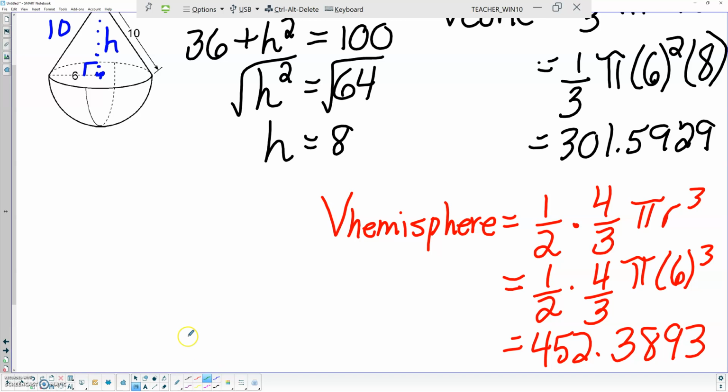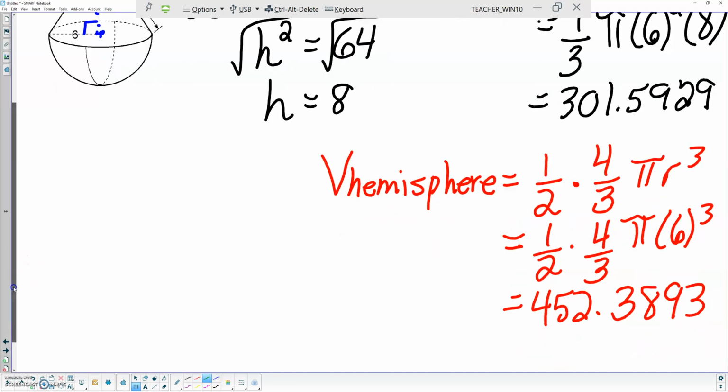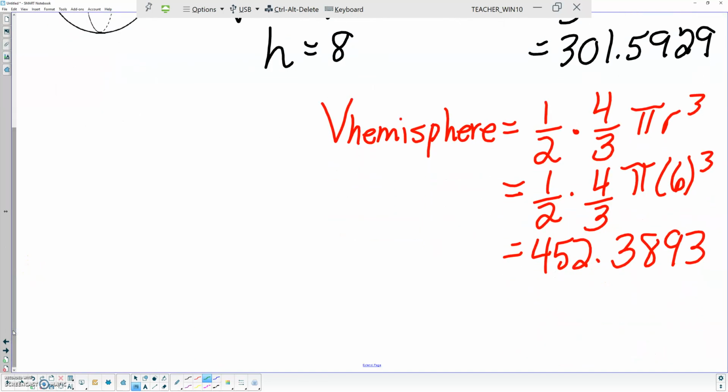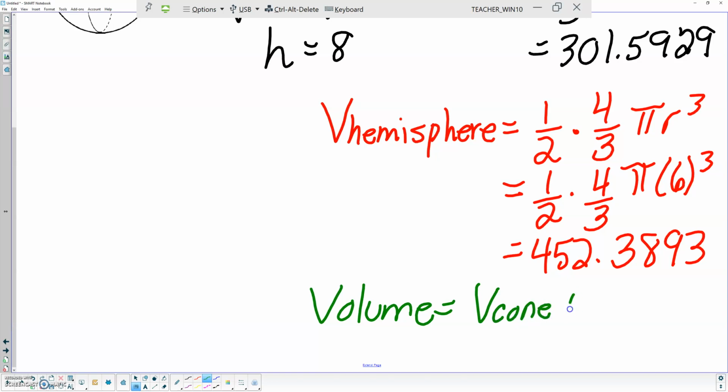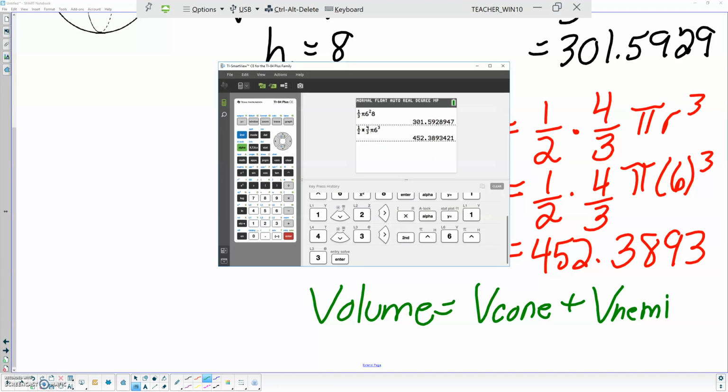Then to find the total volume, we're going to take the volume of the cone and add it to the volume of the hemisphere. I'm going to go back to my calculator, and again I don't want to round until the very end, so I want to copy both of these entire decimals.